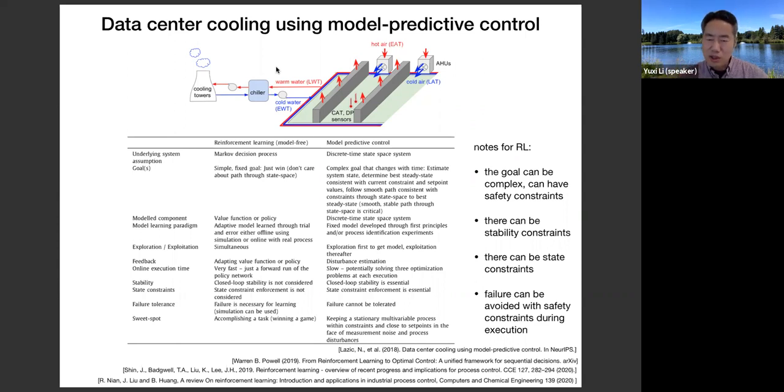They don't have an exact model of the data center cooling system, but they can use those exploration techniques to collect more data and refine the model, and achieve better and better performance. I think this is an example to answer this question.